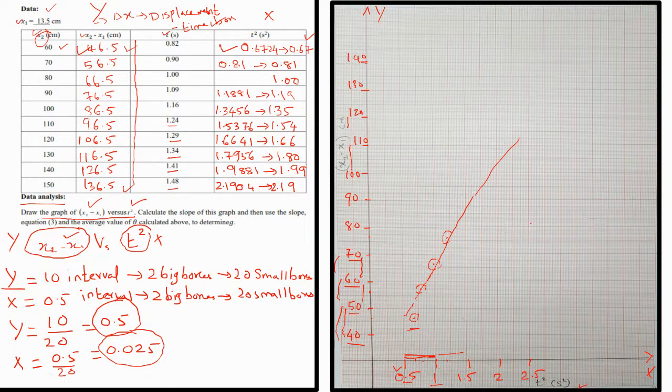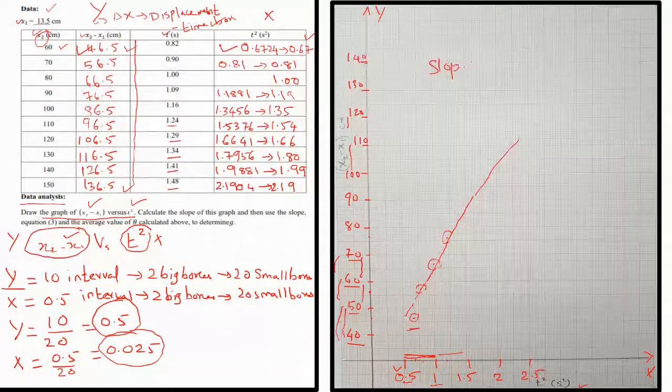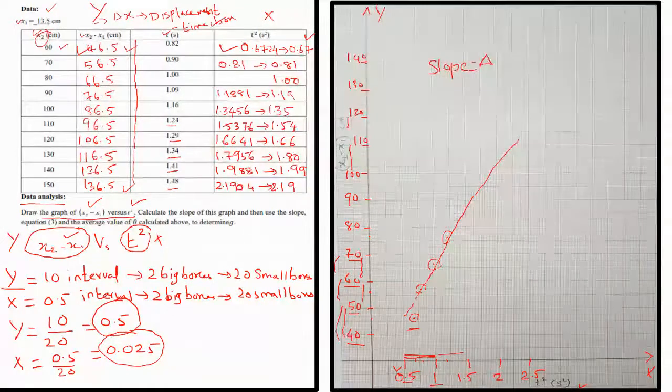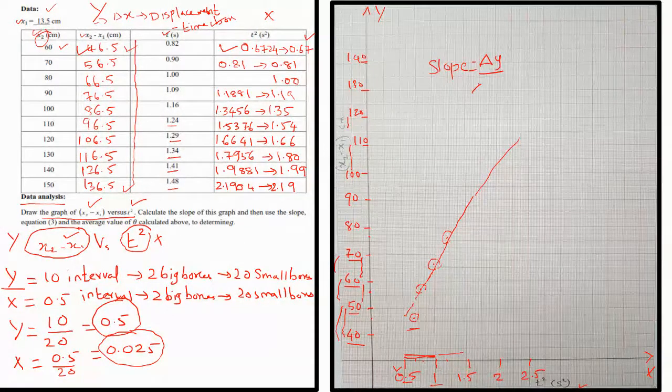What is the formula for slope? Delta y over delta x, not delta x over delta y. In the y-axis, what did we take? We took x2 minus x1.